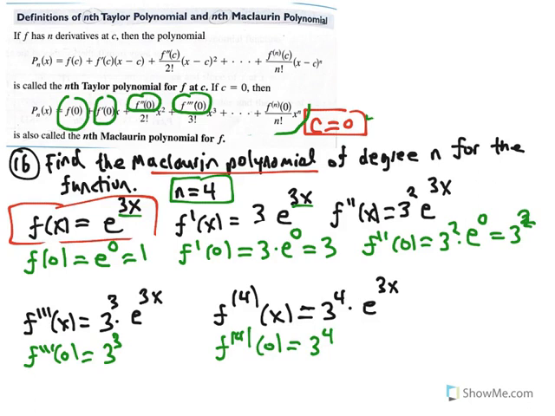Having done that, I am now ready to write my Maclaurin polynomial of degree 4 for our function f of x.